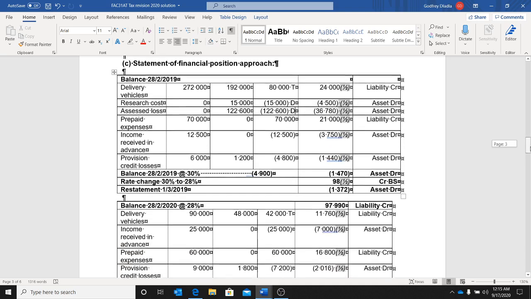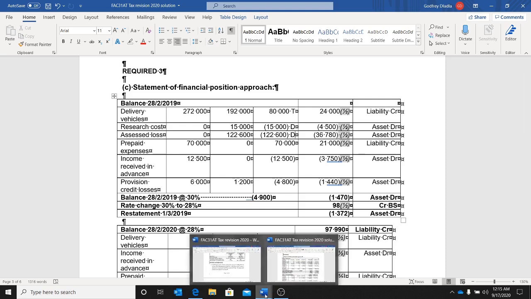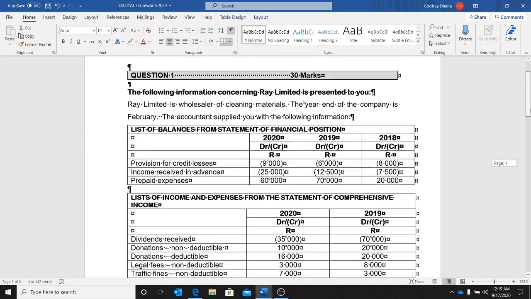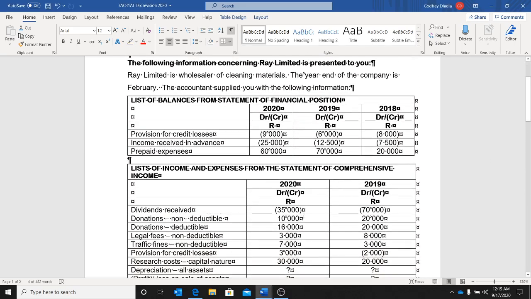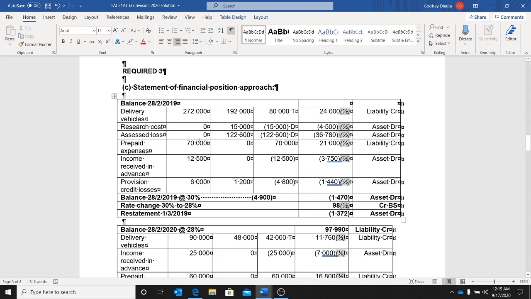Okay. Then we get to prepaid expenses. Right. Prepaid expenses, they are an asset. Right. So if you check here, what is the balance of prepaid expenses in 2019? Here it is, 70,000. All right. So in the balance sheet, according to accounting, I must show prepaid expenses of 70,000.